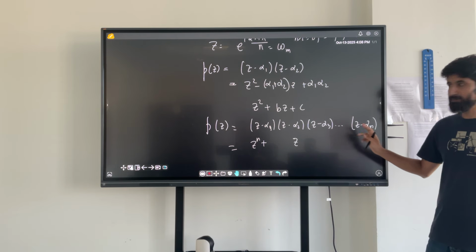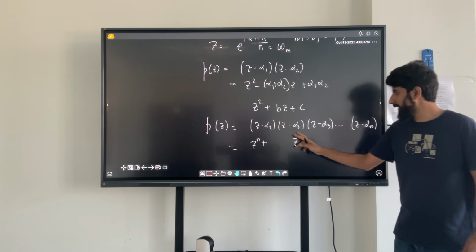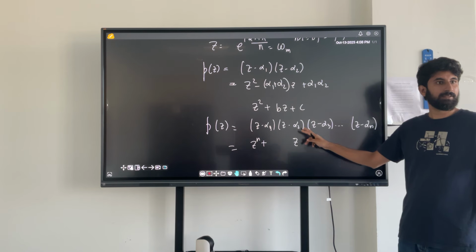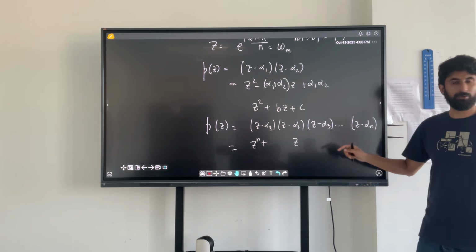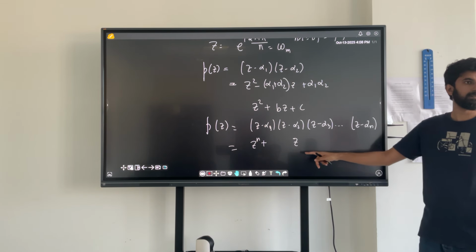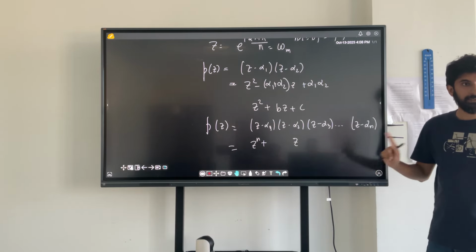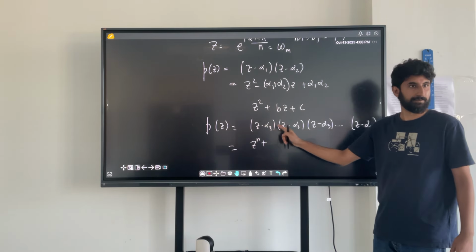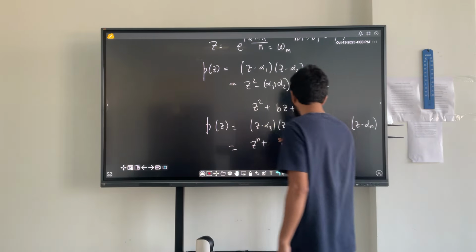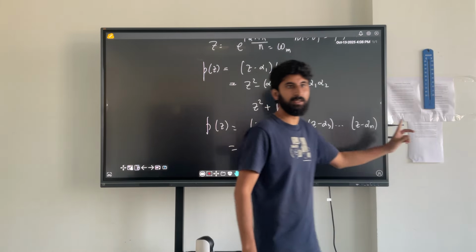So what will that term's coefficient be? You pick every term and then multiply that with one term here. Products of all the zeros except one. Except which one? This one, alpha 1. Good. So let me call that P1.